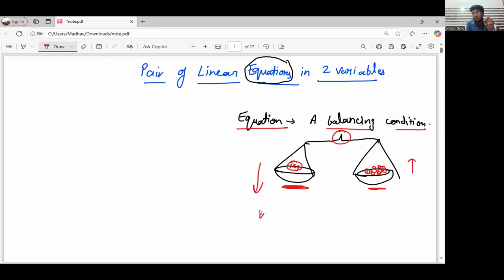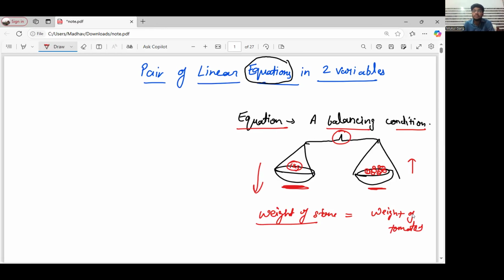So I can say that the weight of stone is equal to weight of tomatoes. जो दोनों का वजन है वो बराबर है. बराबर is nothing but equation. Okay, a balancing condition यहाँ पर आ गई है. I hope this is clear to all of you.